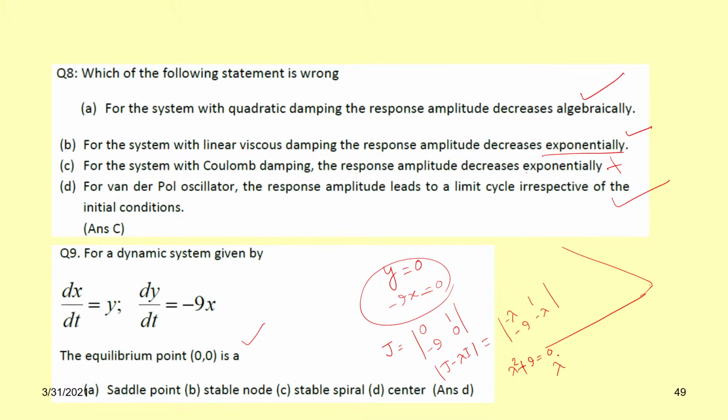So lambda square equal to minus 9, and you get lambda equal to plus minus 3i. As you are getting plus minus 3i, the real part is 0 and the imaginary part is 3i. In that case you will get only sine and cosine, and you get a center.